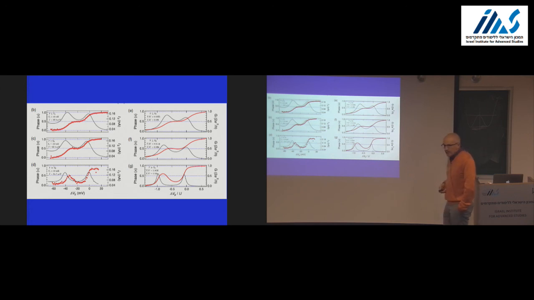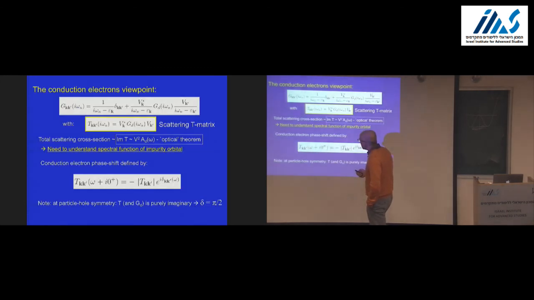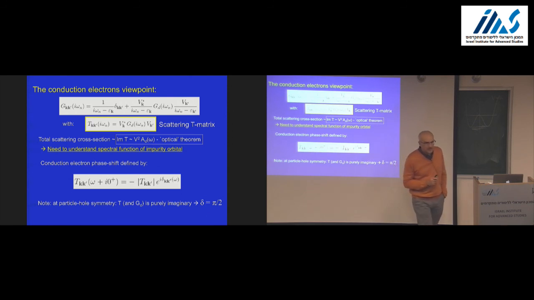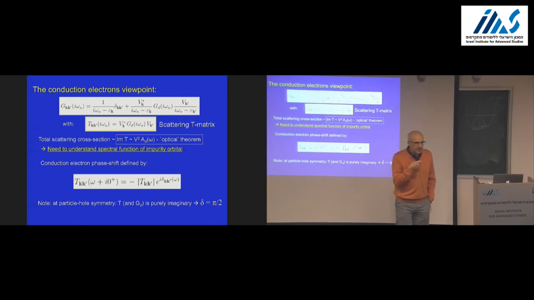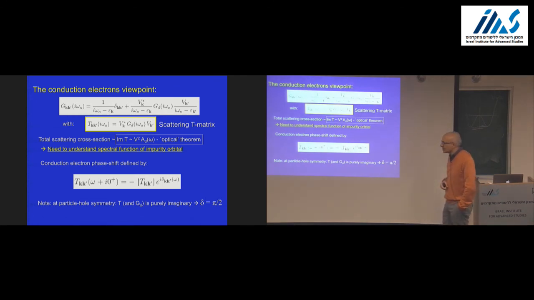One other thing I want to tell you about is the consequence of this pi/2 phase shift and this restoration of a resonance, for a different incarnation of this model, which is scattering of conduction electrons off magnetic impurities, like manganese in copper, because there is something really interesting there that I want you to appreciate.